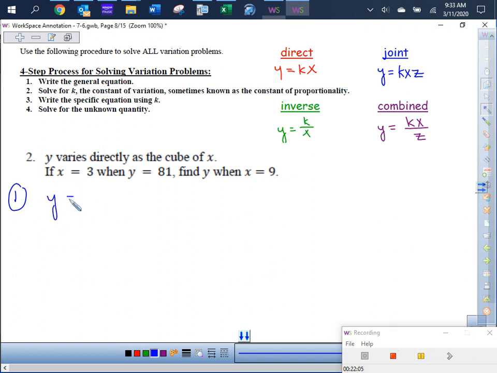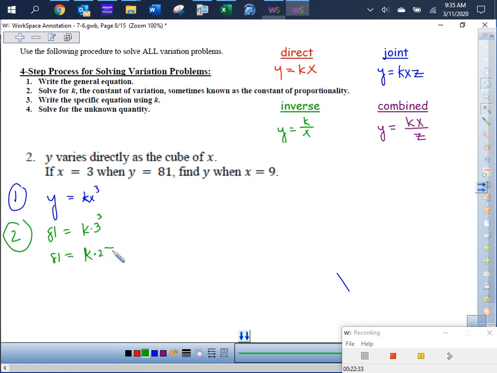What is wrong with mine? So 81 equals k times 27.